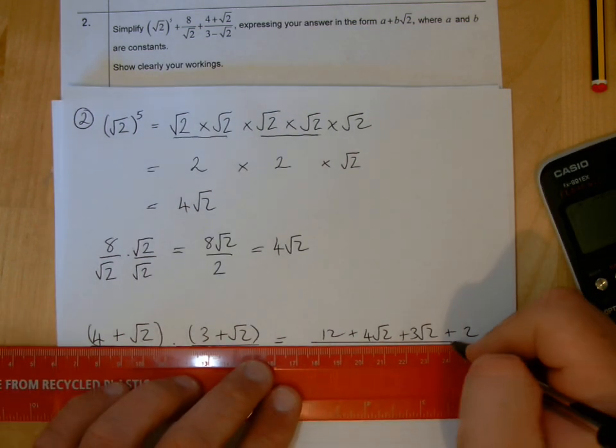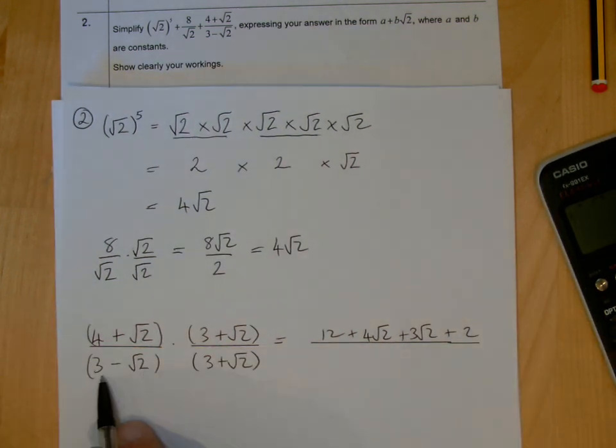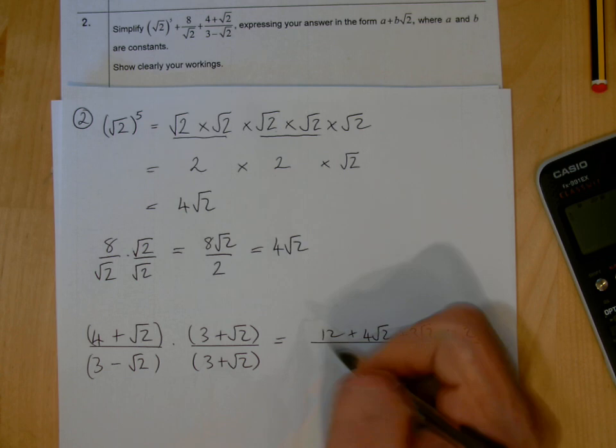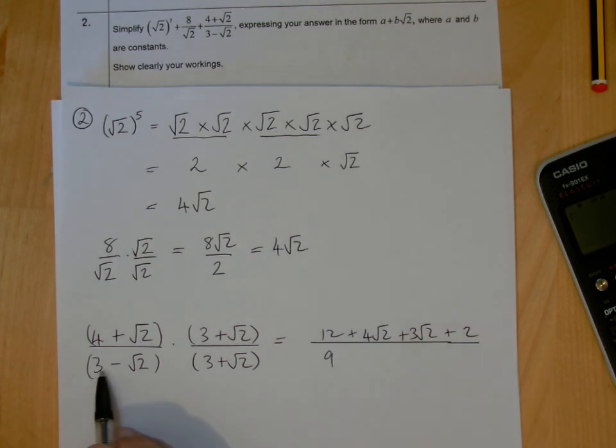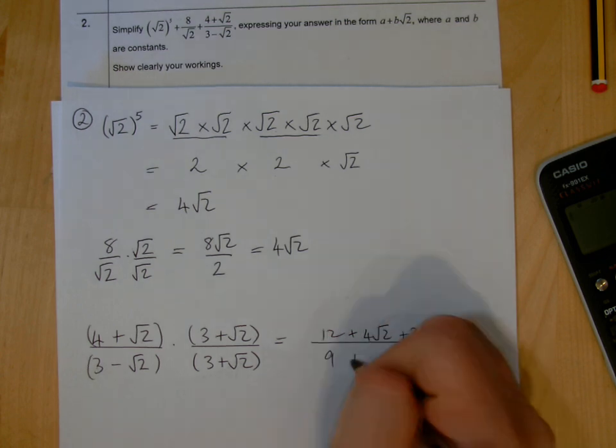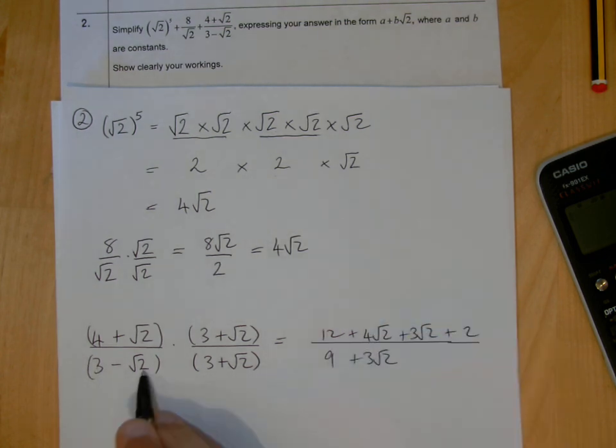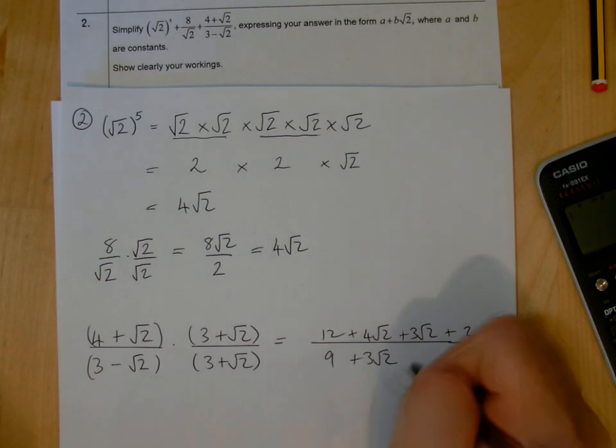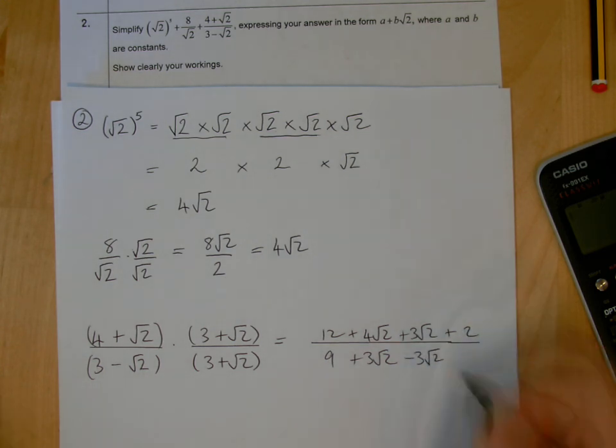On the bottom, what's good about this is that the inners and outers will cancel out. When I do the first, 3 times 3 is 9. The outers will be 3 times root 2, positive 3 root 2. The inners will be minus root 2 times 3, which is minus 3 root 2.